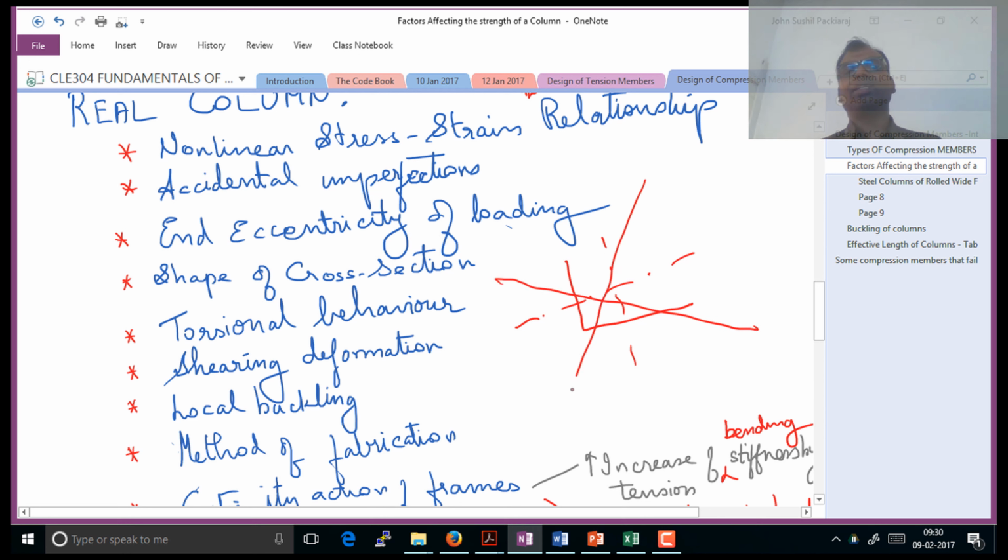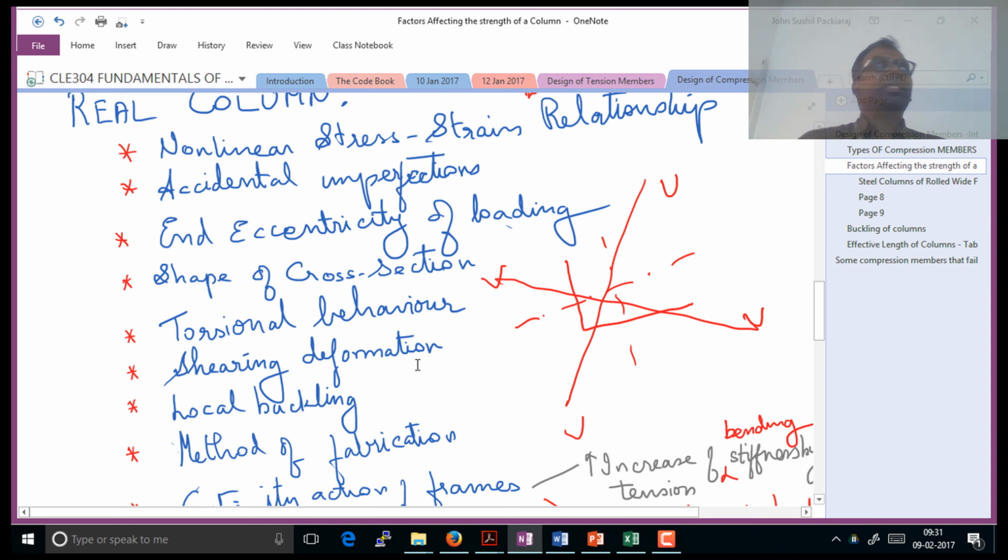If you look at your section, you will find that there is a UU axis and a VV axis. I think I'm mixing up the UU and VV. Please have a look at the IS800. You will be given two more axes. So it means that the cross section plays a very important role, that is, the orientation of the cross section. Somewhere in the beginning it is given.